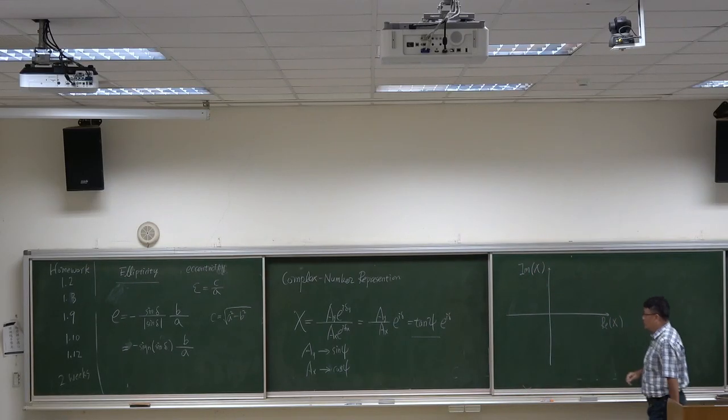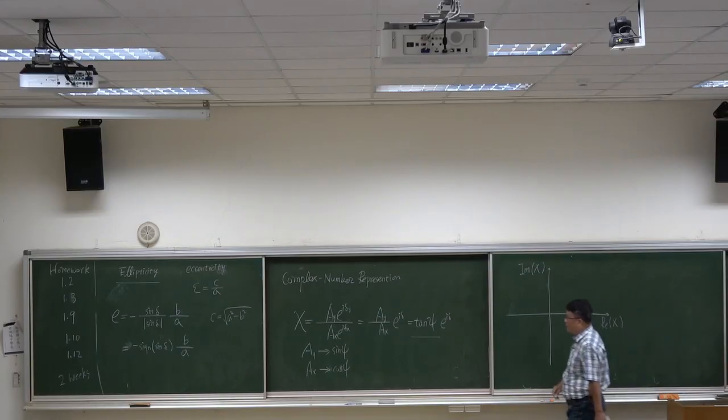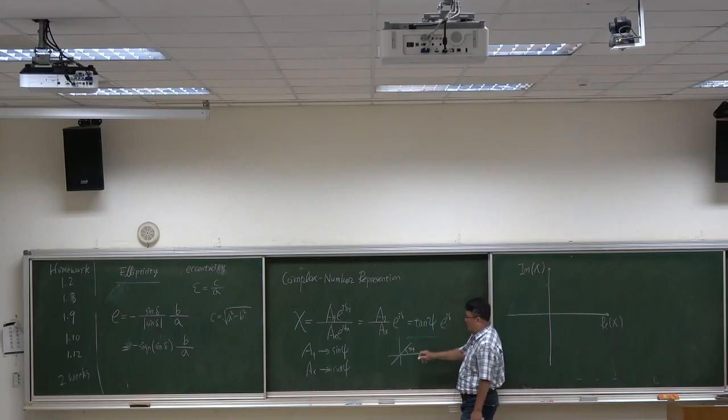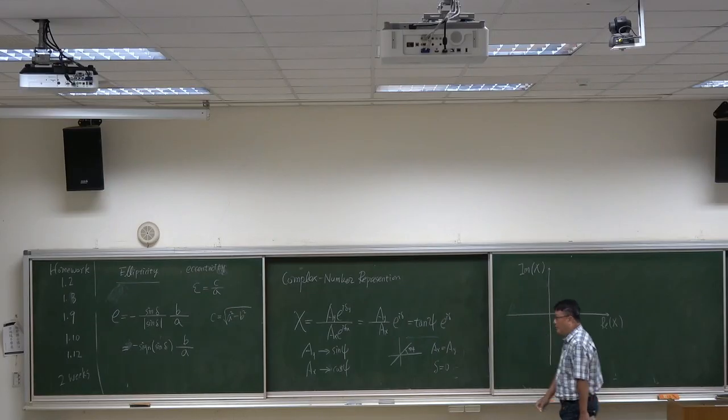So what is linear polarization along, say, 45 degrees? For this polarization, we have ax equal to ay and delta equal to 0.